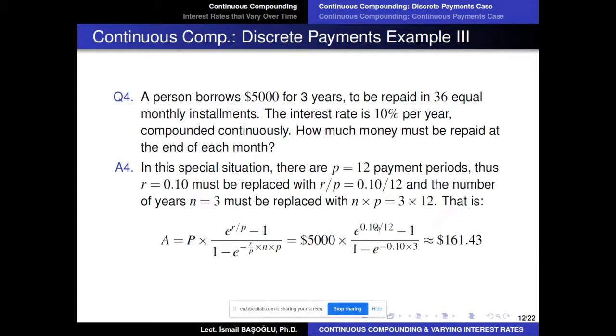Of course, you need to know how to calculate exponential functions using your scientific calculator. So under this continuous compounding, the monthly installment amount should be $161.43, so the person can cover the debt in 36 equal monthly installments. At the end of the 36 payments, all debt will be covered.